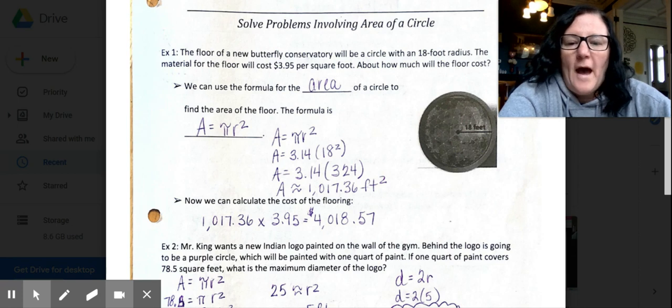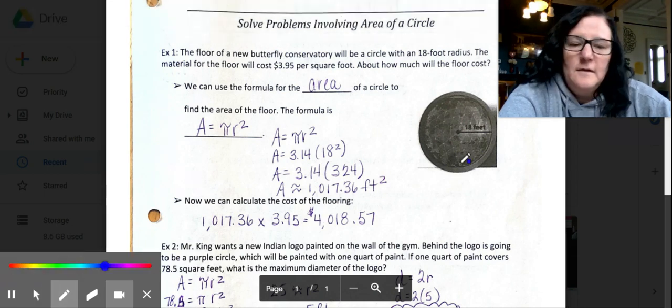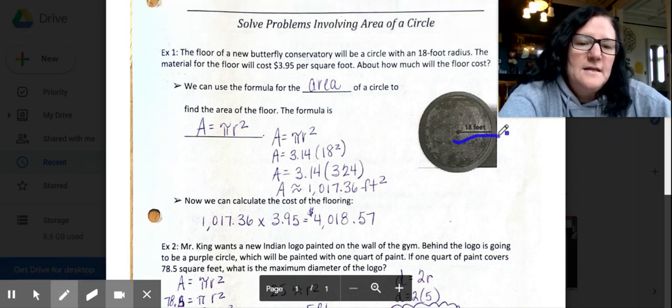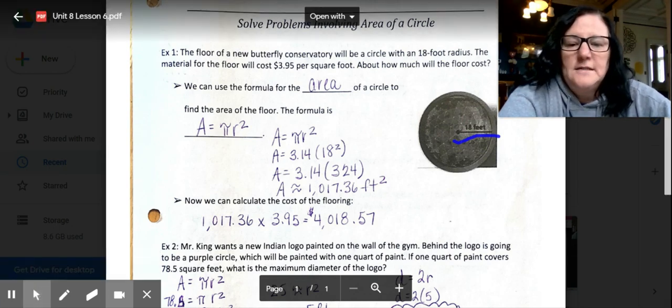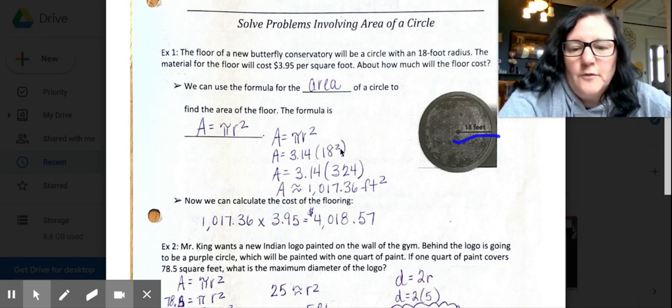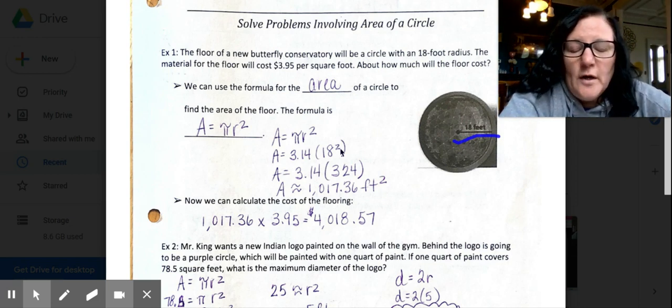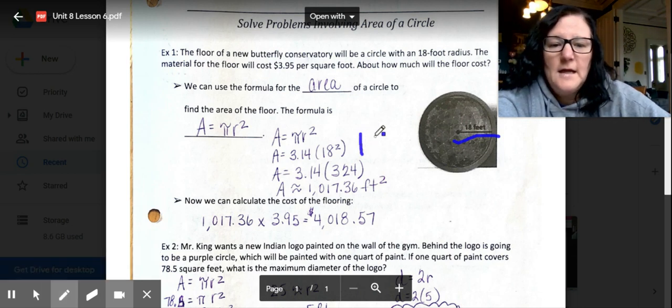Area is equal to pi. We're going to use 3.14. And then our radius, right here, you can see that they tell us that the radius is 18 feet. So that's where we're going to put 18 here. So 18 squared. This is a part two that I don't think you guys have seen before. So 18 squared literally means 18 times 18.